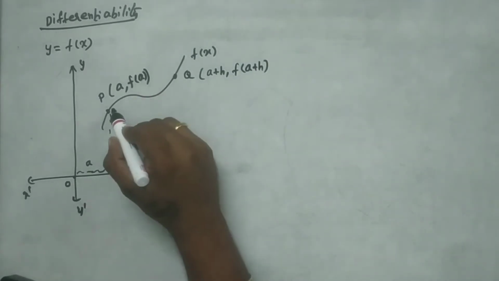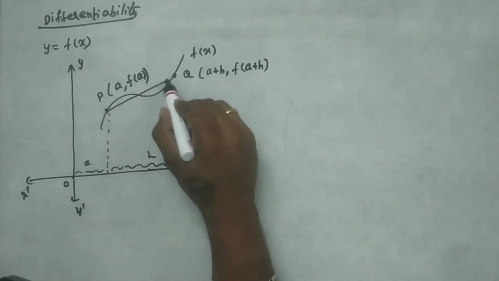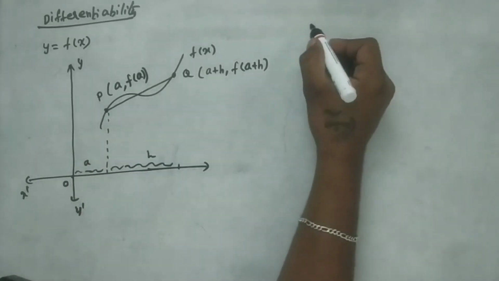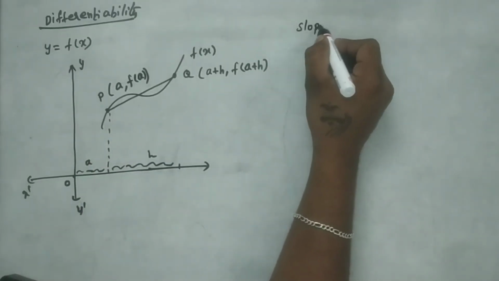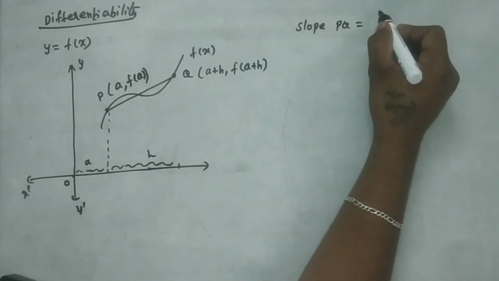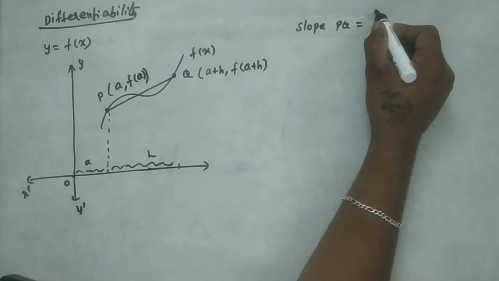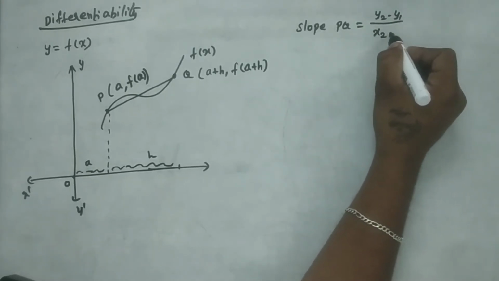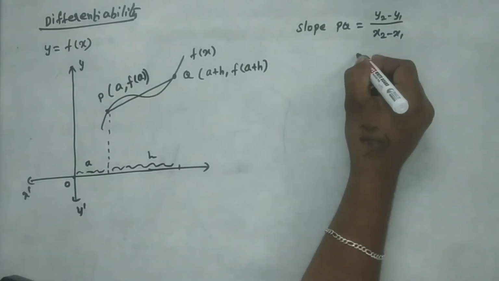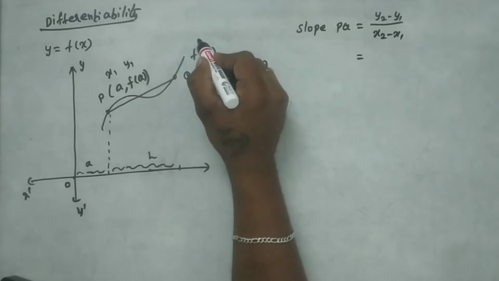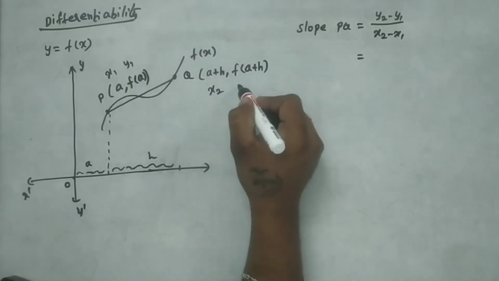Now I am going to join the line PQ. After joining the line, I am going to find the slope of PQ. What is the slope of a straight line? We have already studied that: slope equals y2 minus y1 divided by x2 minus x1. This is my coordinate (x1, y1), and this is my coordinate (x2, y2).